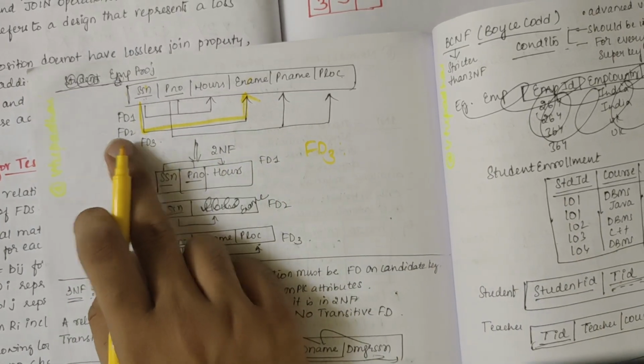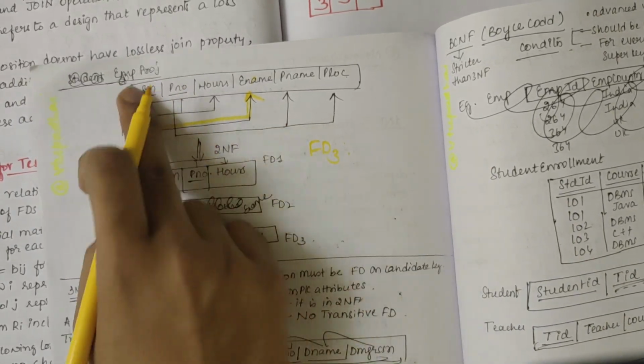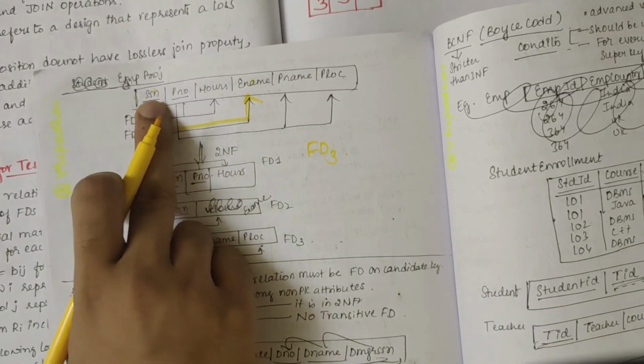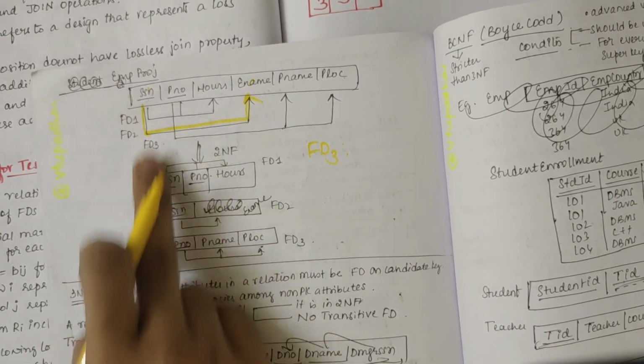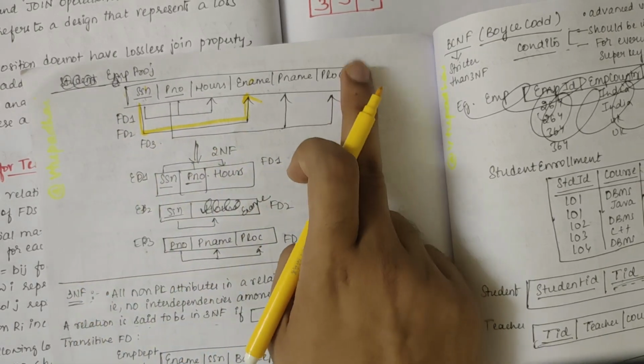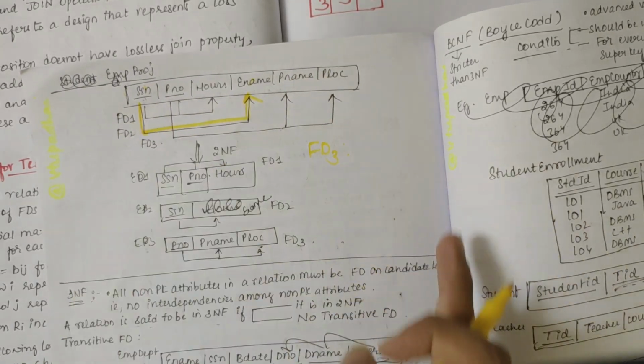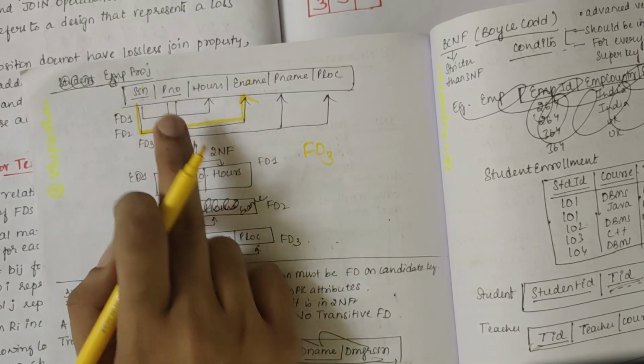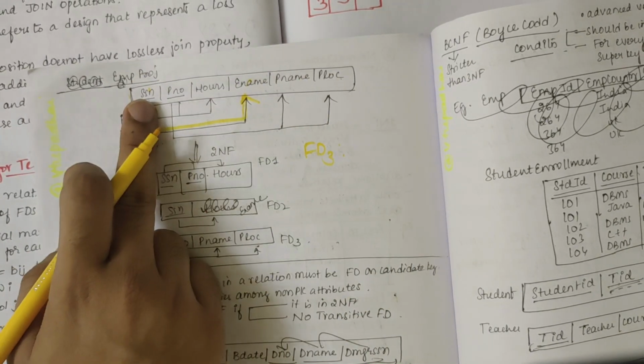FD2 states that ename is functionally dependent on SSN, and then FD3 says that P location and P name are functionally dependent on P number. So here we can see that these are dependent on non-key attributes, right?